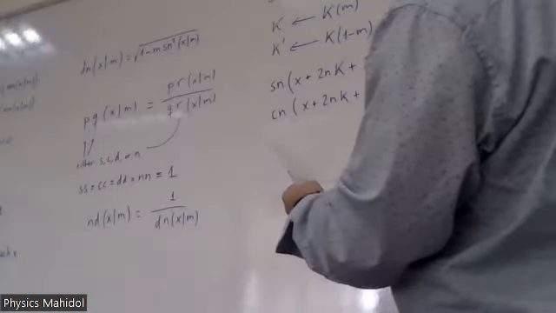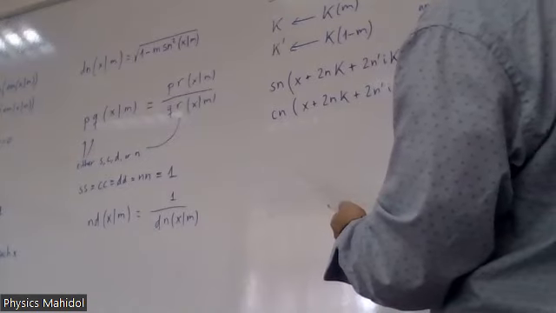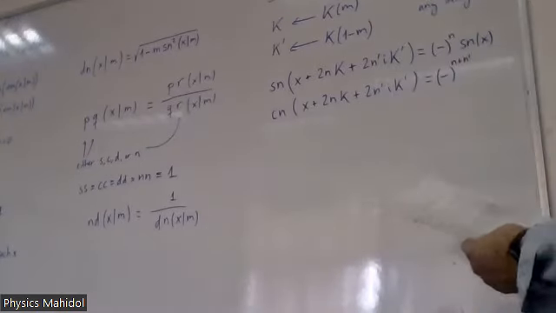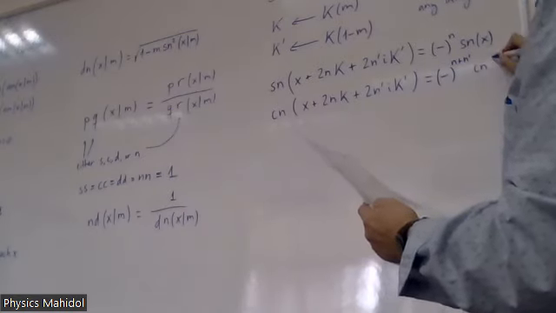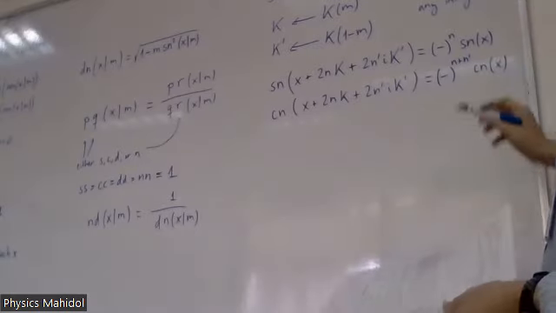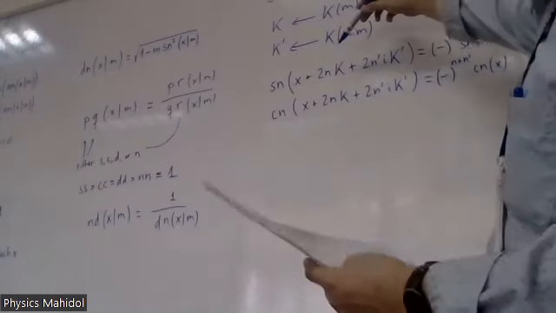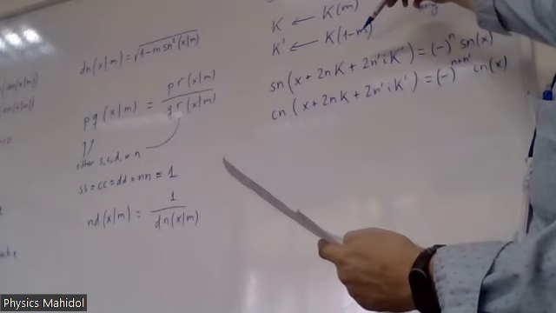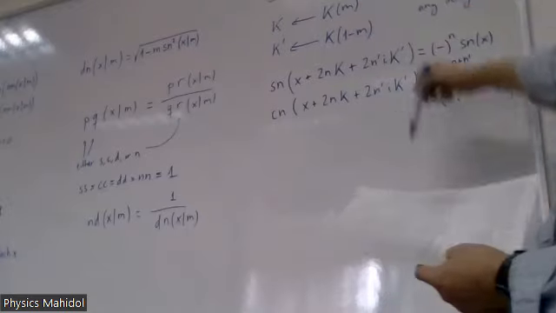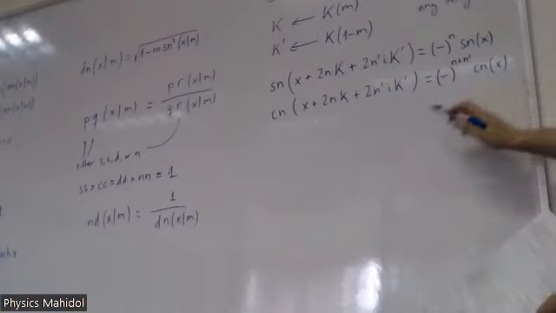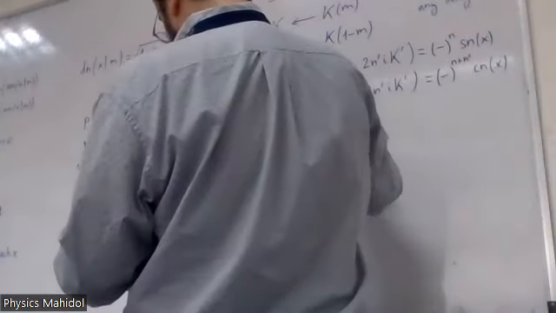So again, if I move to a point like this, it will give me the same function with the same period in both directions. The cn of x. So well, this minus is important because it tells me that this sn has an imaginary period of only 2i k prime, but a real period of 4k, and the cn has 4k and 4k prime in both directions, and the dn we have the opposite.